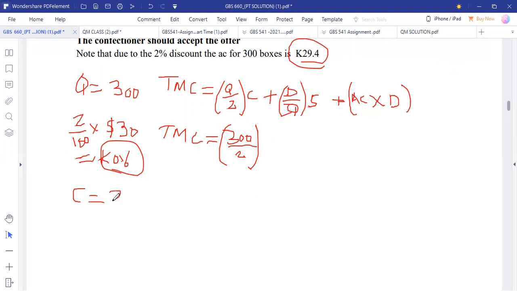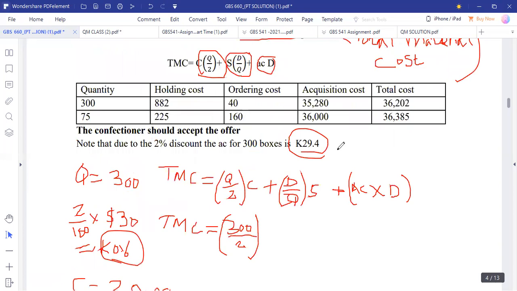So it will be 20% over 100, then multiplied by 29.4. So this is only our carrying cost. Our carrying cost for this one is 20 divided by 100 times 29.4, so it will be 5.88.